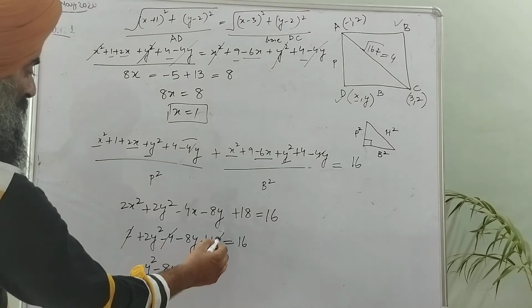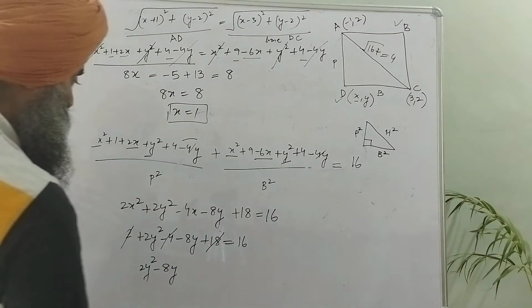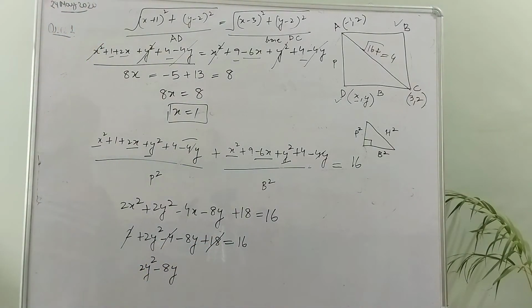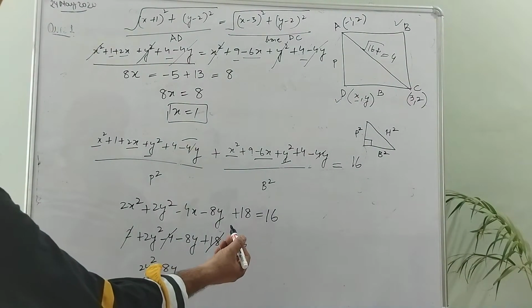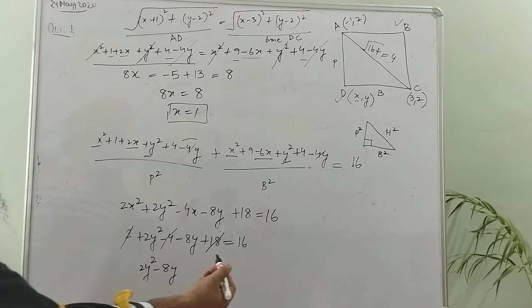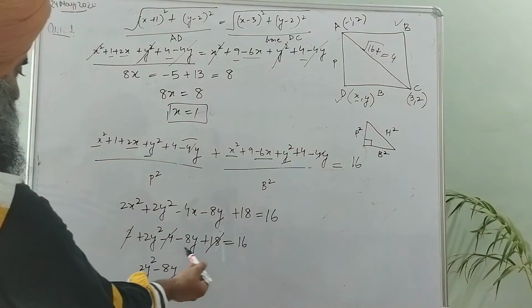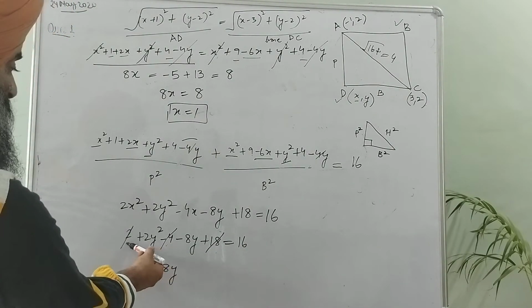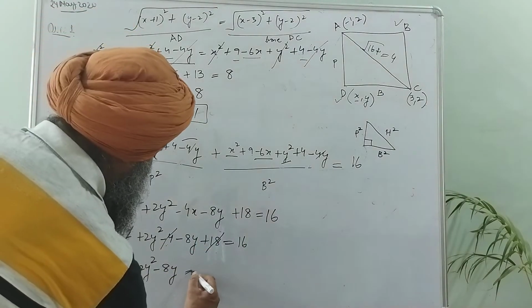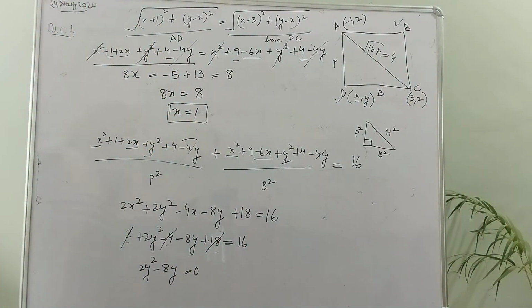Minus 2, this becomes 16. 16 minus 16 is 0. Right? Yes. See, this 18 minus 4 is 14. 14 plus 2 is 16. Here 16 is gone. So that is equal to 0. Is it right students?